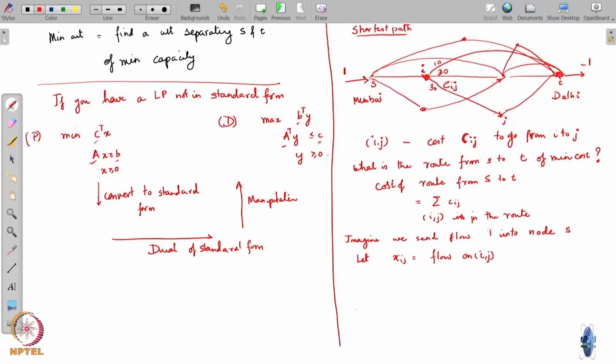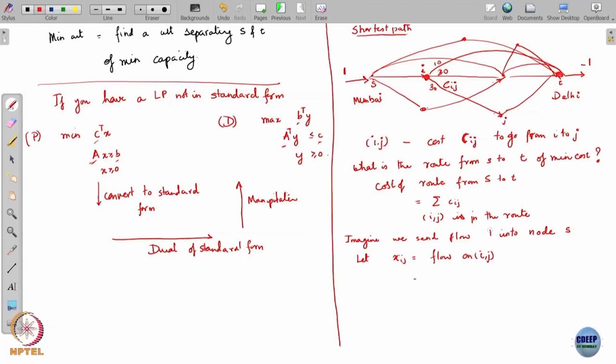So, what is the objective expressed in terms of x I j? If I am sending flow x I j on link I j, we will use this interpretation, and it will later turn out that this is actually correct.